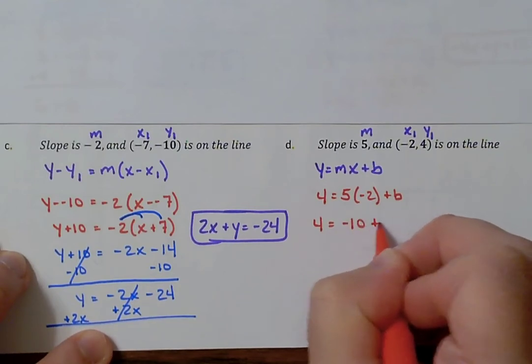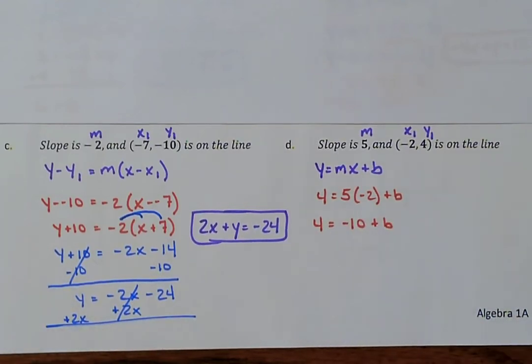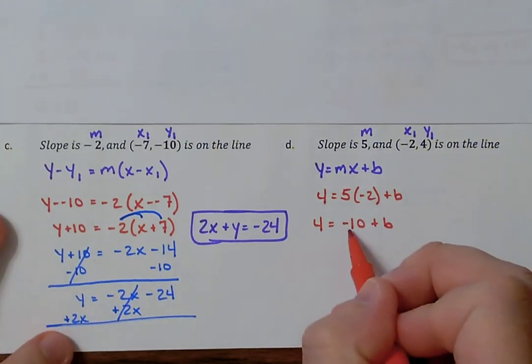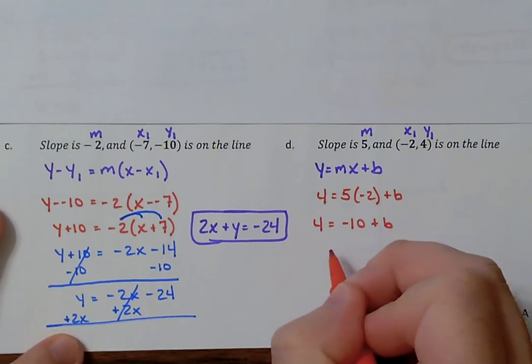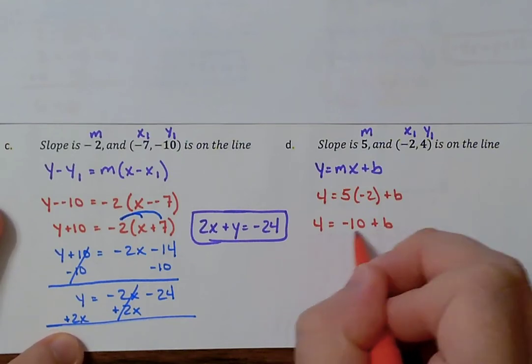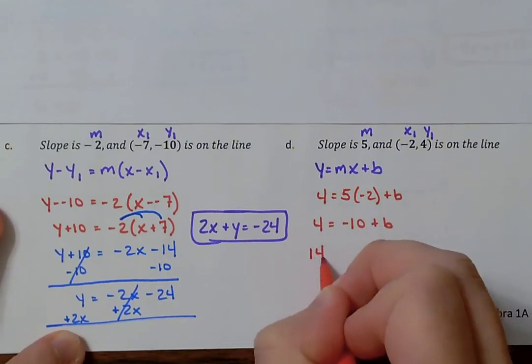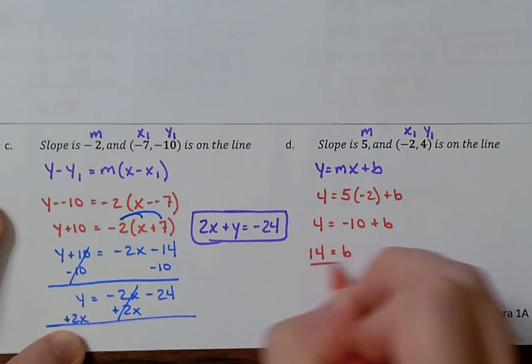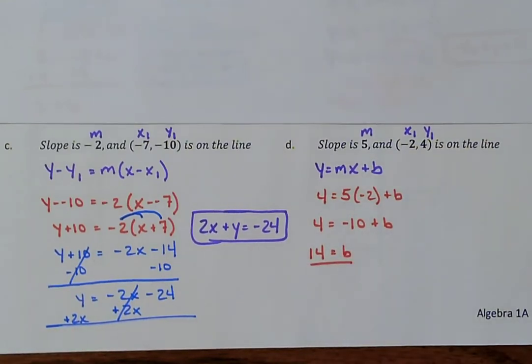So we have 4 equals -10 plus b. Then from here, we're going to add 10 to the left. So 4 plus 10 is going to give me 14. So that means 14 equals b.